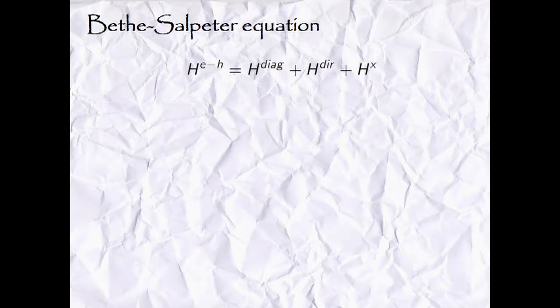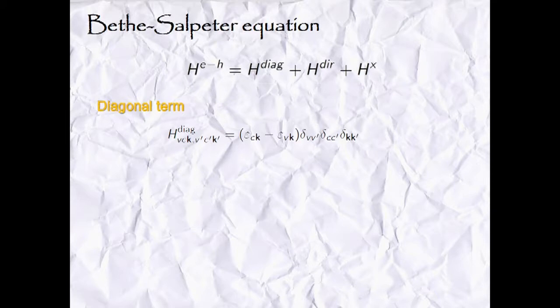Let me just go very roughly through some equations. I don't show many of them. You don't need to be afraid of too many, but I have to walk you through a few of them still. So how does this effective electron-hole Hamiltonian look like? In fact, it has three different components. The first one is pretty simple.